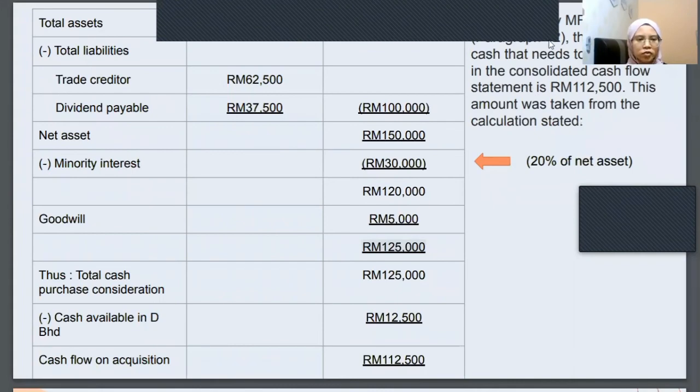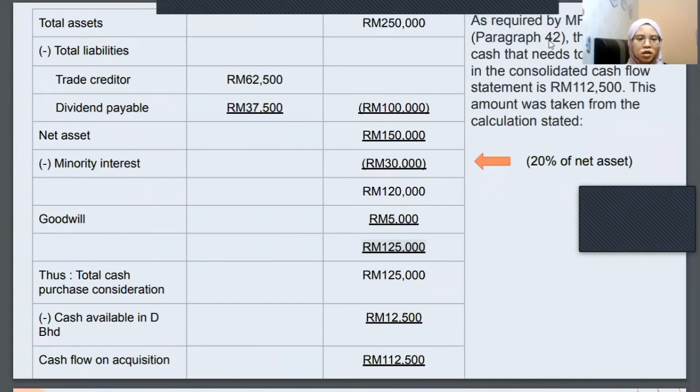This is the solution of illustration 3. The total asset is 250,000 minus the total liability of trade creditor and dividend payable of 100,000. We get the net asset of 150,000. Next, we minus the minority interest, which is 20% of the net asset, and get 120,000.